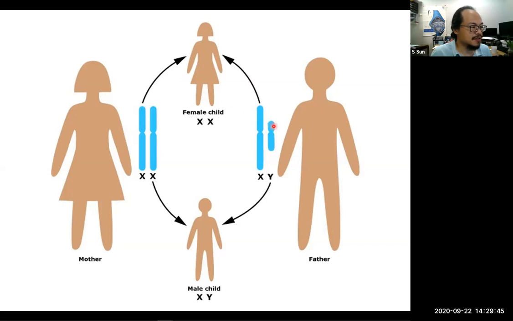If the egg meets either of the two sperm, it could be 50% male, 50% female. That's the production of the offspring from the parents.